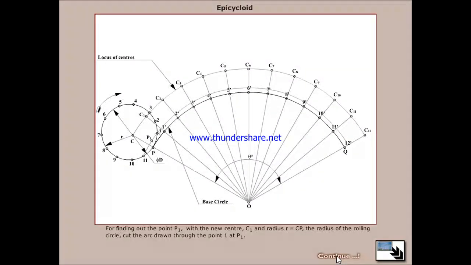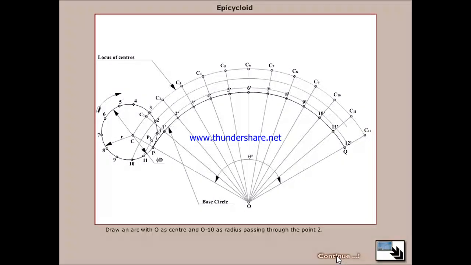For finding out the point P1, with the new center C1 and radius r equal to CP, the radius of the rolling circle, cut the arc drawn through the point 1 at P1.